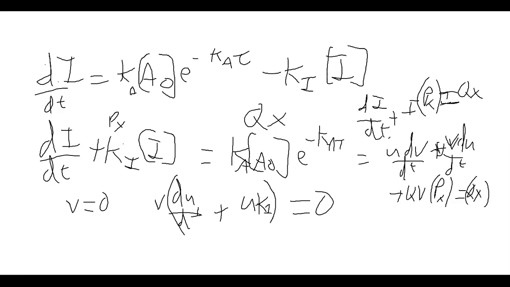Everything that's multiplied by v is 0. dv may not be 0, but if we say v is equal to 0, then that whole thing gets to 0.